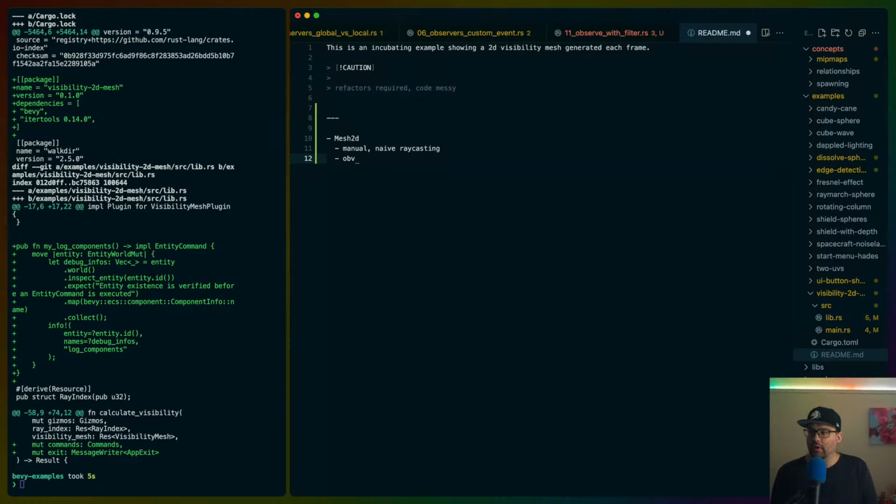Something I don't know if OBVHS actually would work for us, or we have Avian Collider plus raycasting as another option.